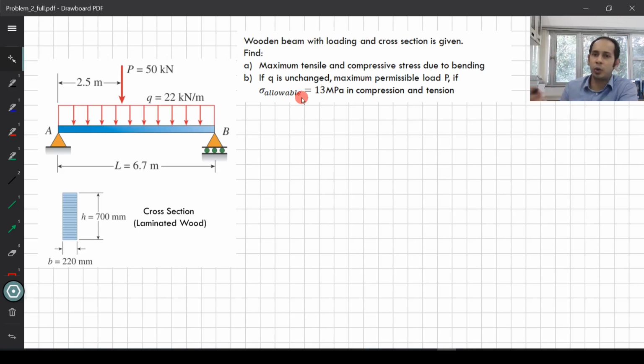So I'm not going to go into the details of deriving the shear force diagram and the bending moment diagram. By this point it's assumed that you know very well how to draw them. I'm going to give for this one the reactions that we get.